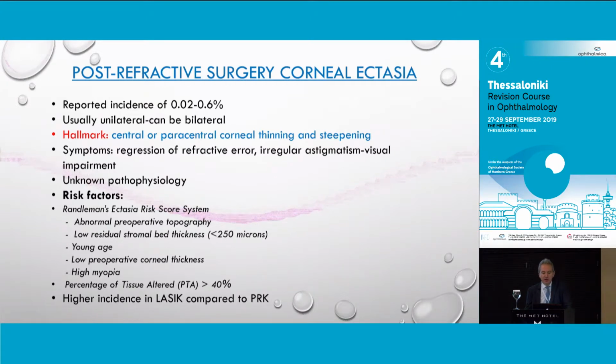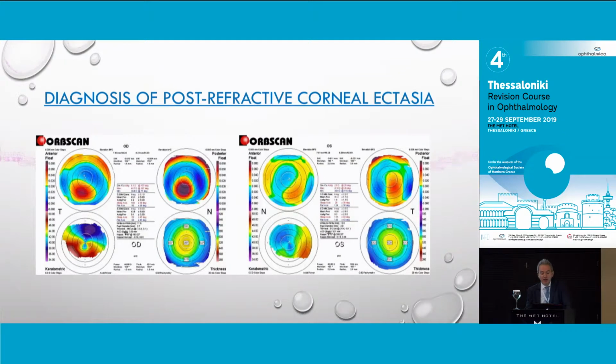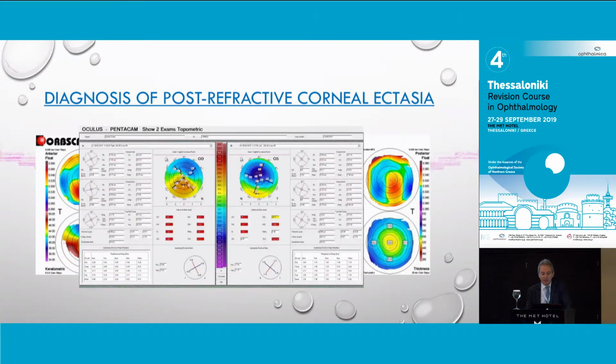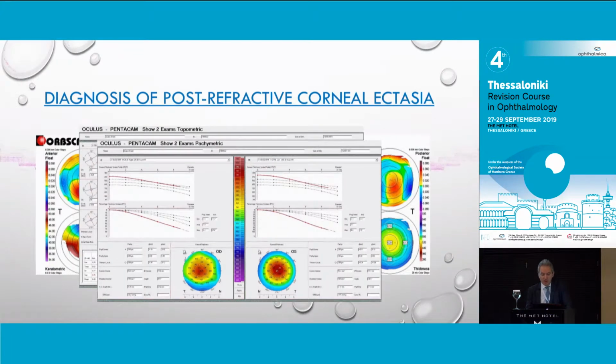I have to mention that LASIK has a higher incidence of ectasia, post-refractive ectasia, compared to PRK. And how do we diagnose it? Again, with the aid of corneal topography, where again we have the same findings, steepening.